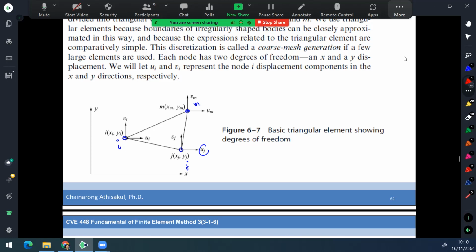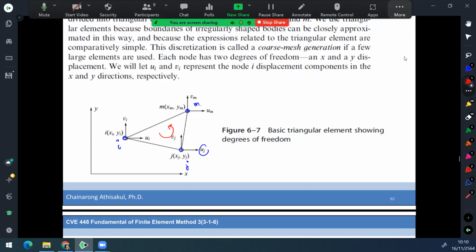Okay, so for this course, and from this textbook, which is for the general case of the finite element, we define the nodes IJM by this sequence. It has to be in counterclockwise sequence.